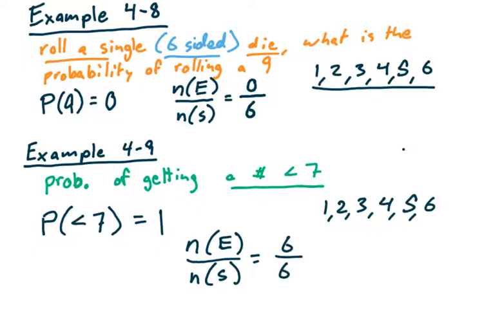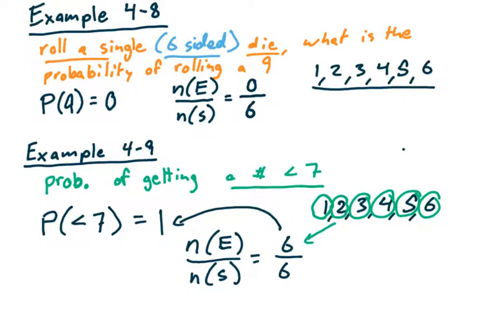And so that is reducing down as a fraction to 1. So notice here, this outcome satisfies our event, this outcome satisfies our event, all of these outcomes satisfy our event. And so that is why we have 6 as the number of outcomes that satisfy our event. And that is why we get a probability of 1, because we're simply dividing 6 by itself.